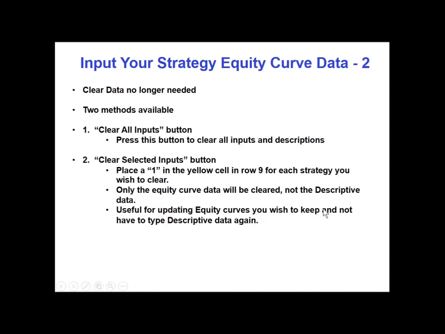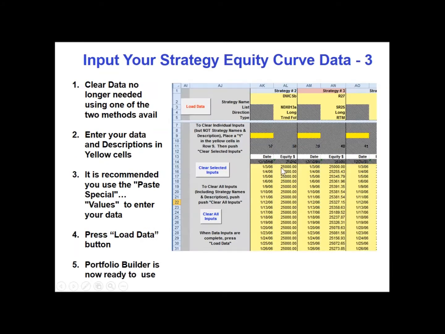Okay, now, when you input, there's a page to do this, and you will clear the data you no longer need. There's two methods. The first one, if you hit that one, they're all gone. Then there's another one that's clear selected inputs, where this is what it looks like. If you hit this button, all this data goes kaput, including these descriptions.